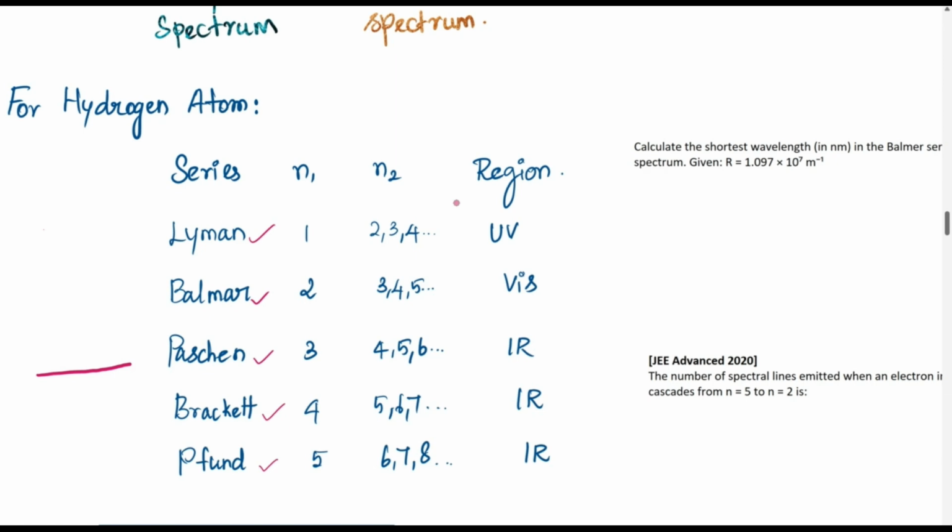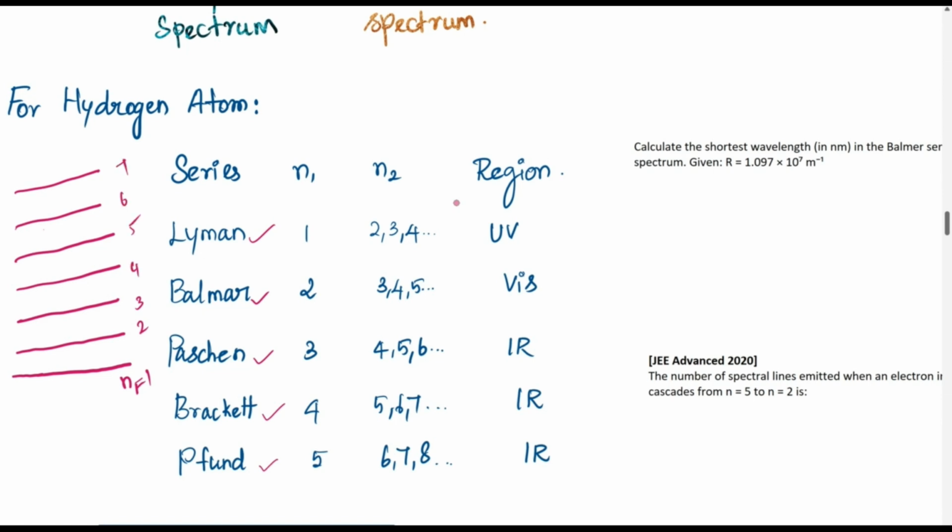Let's say I'm starting at a point where n is n1, that is the lower energy state. Similarly, I have some excited states where the electrons can go and reach. Say these are energy levels 1, 2, 3, 4, 5, 6, 7.